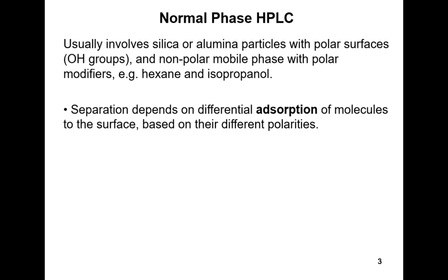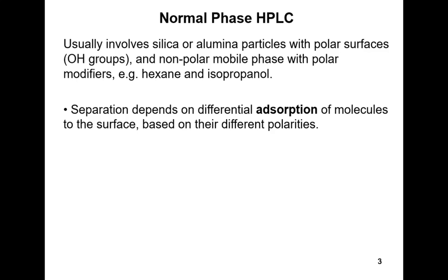And because it's a polar stationary phase, in contrast you use a non-polar mobile phase, something very non-polar like hexane or chloroform, but mixed with a small amount of a significantly more polar solvent, like isopropanol. And I'll talk later on about what the role of that polar solvent is.